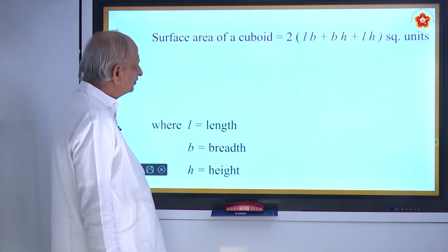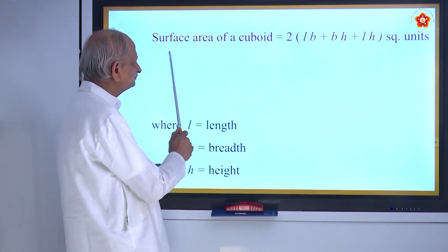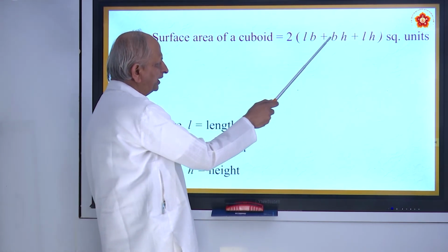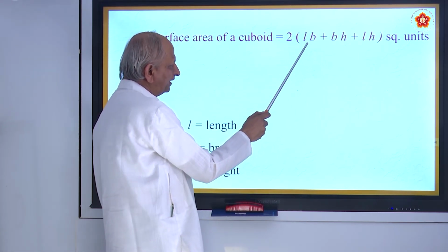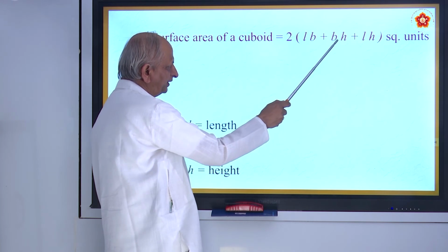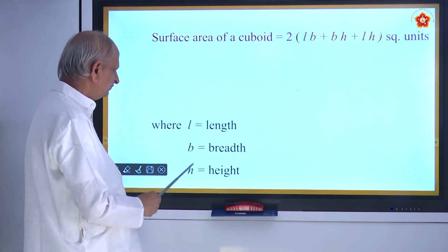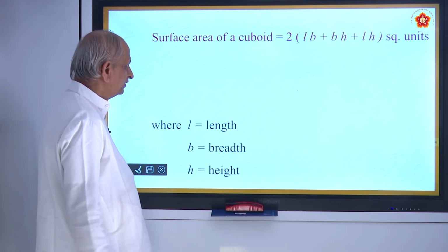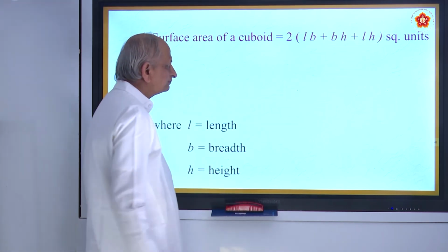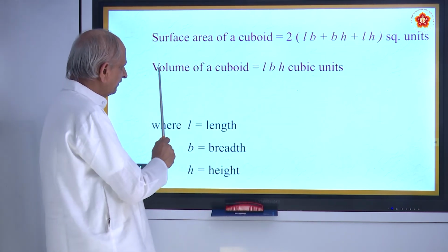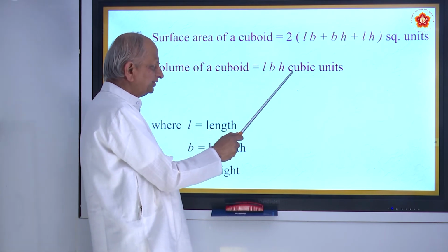Now, what about surface area? 2 into LB plus BH plus LH. LB means length into breadth, BH means breadth into height, LH means length into height. These are the explanations. So much of square units. Volume of a cuboid, L into B into H, cubic units.